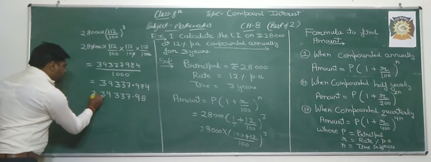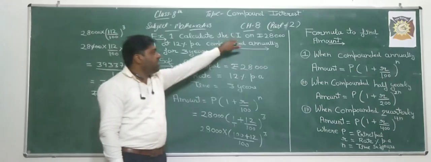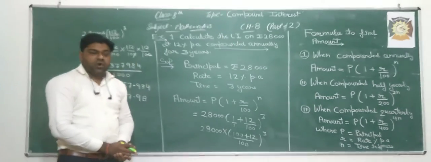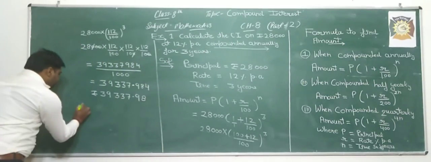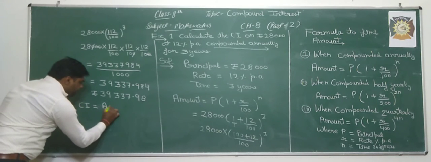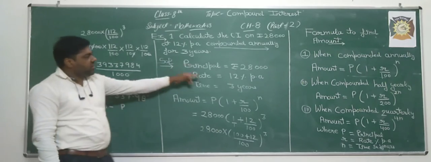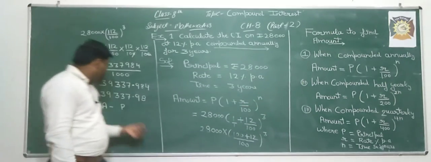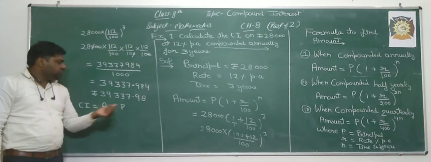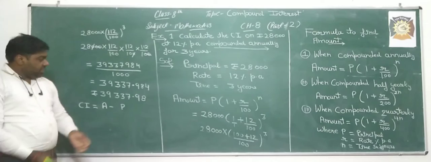So this is the amount, but we have to find here compound interest. So how we can find the compound interest? That is amount minus principal. That means we have to subtract 28,000 from 39,337 rupees and 98 paise.